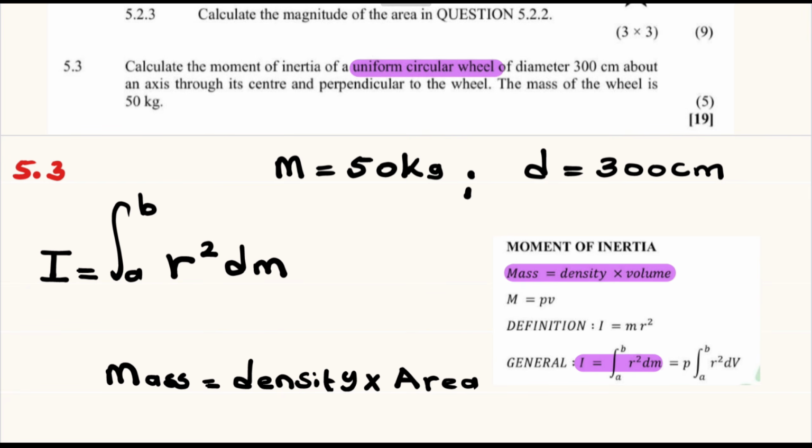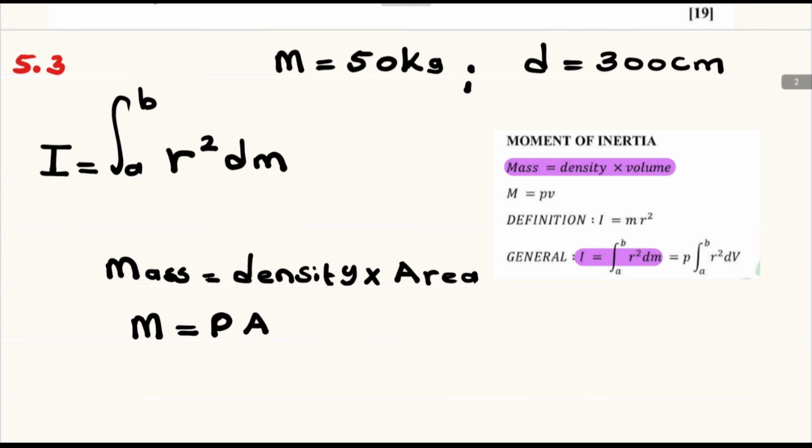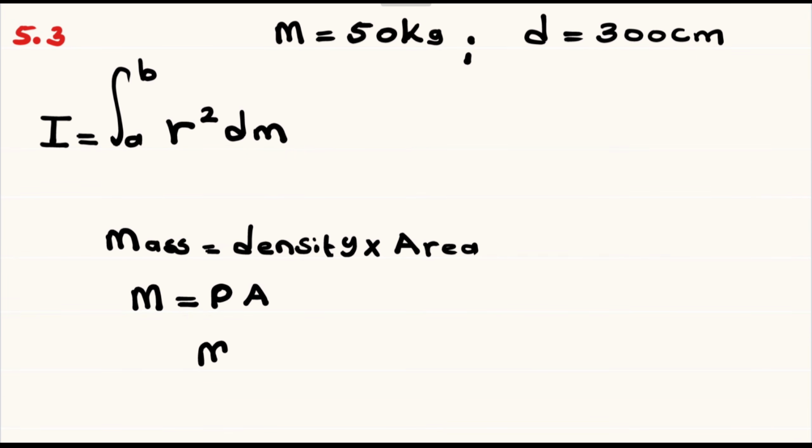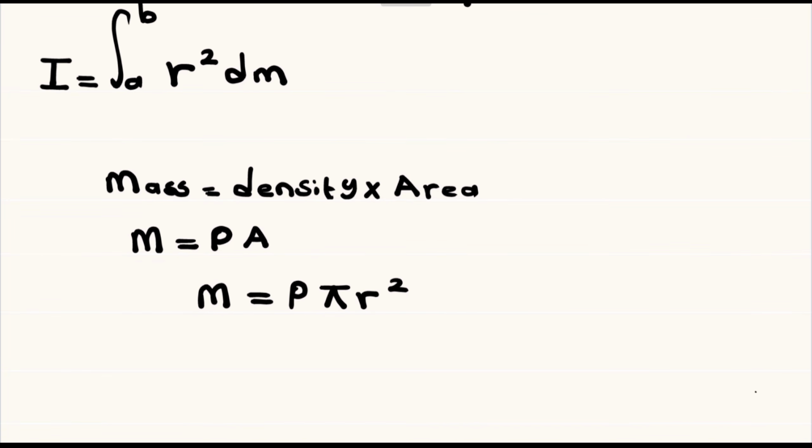We write this formula with symbols. So we have M for mass is equal to the density multiplied by the A for area. We still have the mass is equal to the density, and the area we express in terms of pi multiplied by radius squared, and we differentiate. The derivative of the m is equal to 1. We multiply it by the dm so that we show that we differentiated mass.